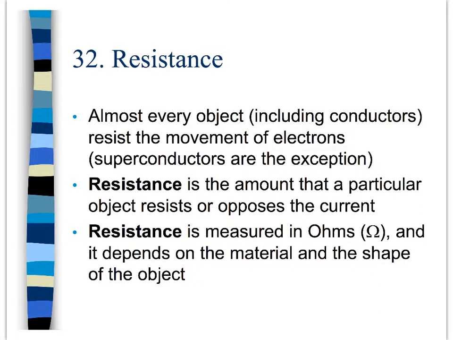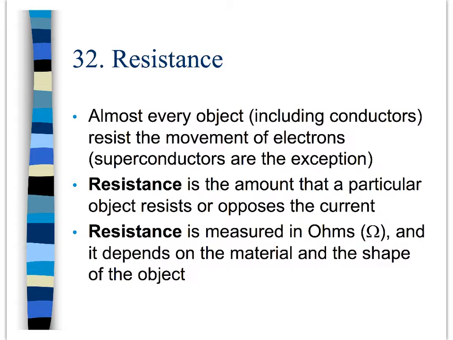The next quantity we want to talk about is resistance. So any object, with the exception of superconductors that we're really not going to talk about, but almost any object is going to have some resistance to the flow of electrons through that object. I know that's a terrible definition because we're using the word in the definition, but that's really what resistance is. It's the amount that an object resists or impedes the flow of electrons through it.